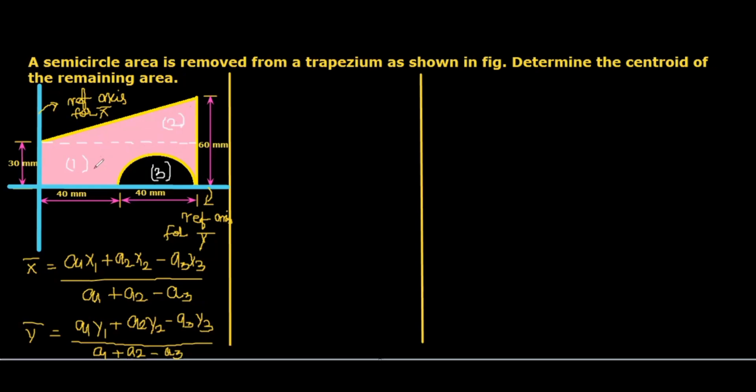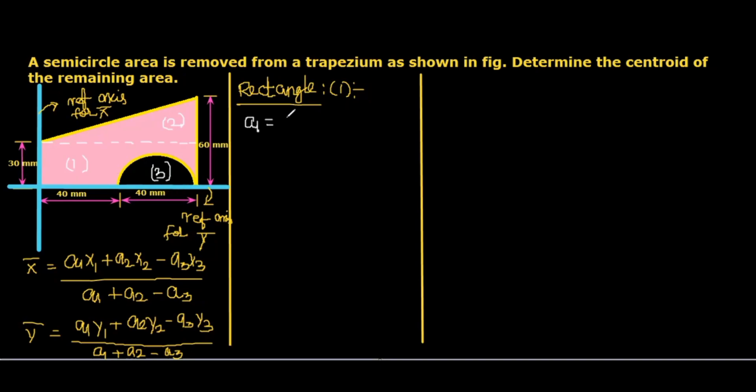First one, we know, is the rectangle. This is the first segment. So we know that for the rectangle, area A1 equals B multiplied with H. The height is 30 mm, and the linear dimension is 40 plus 40, that is 80 mm.